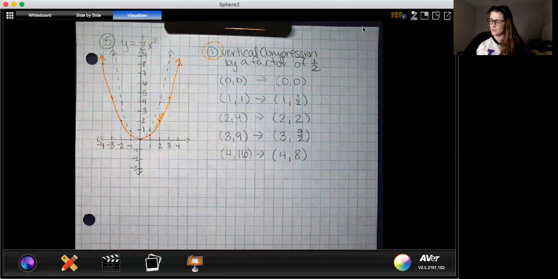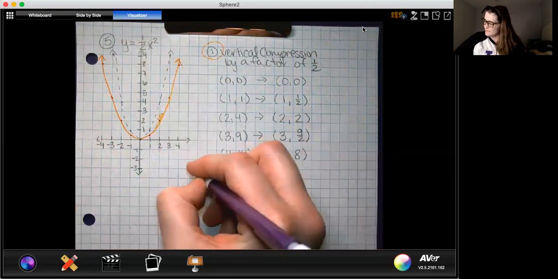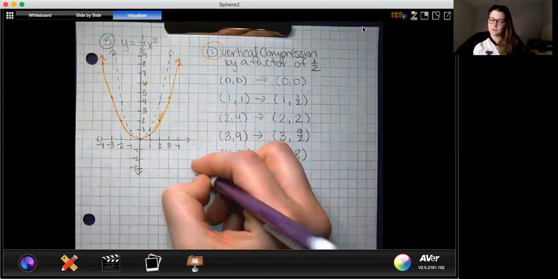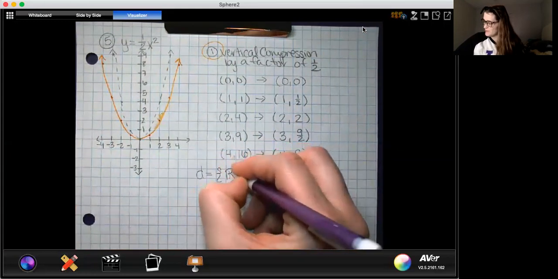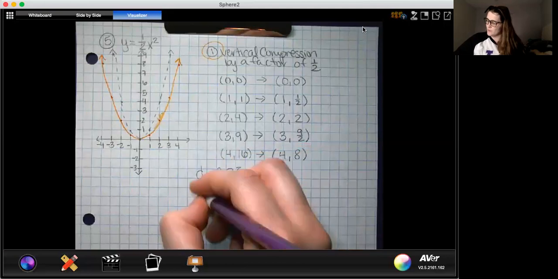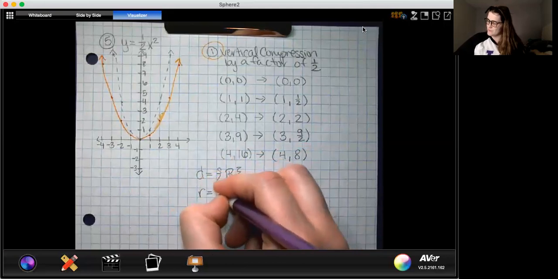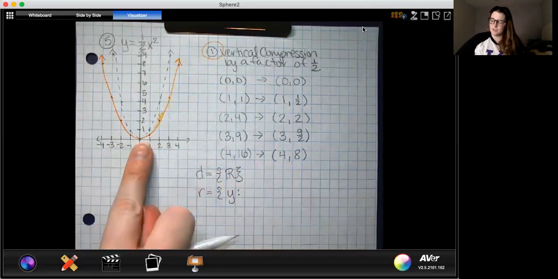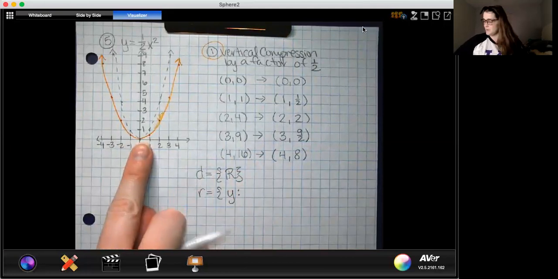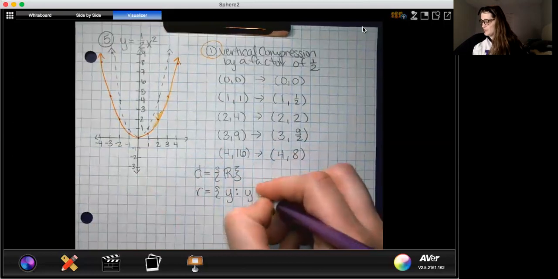Right? And let's talk about domain, range, and axis of symmetry. So our domain, still no restriction. So we have all real numbers. Our range, y such that, well, it actually didn't go anywhere from 0, 0, so y is greater than or equal to 0.